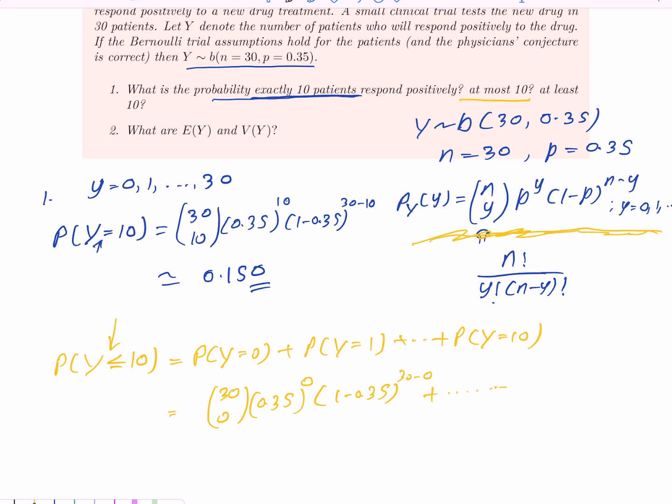So then you can write down each case and simplify. Then the answer should be 0.508. I know it is a lot. So for the test, I am not asking that big, but I can ask at most 2, at most 3, something like that.